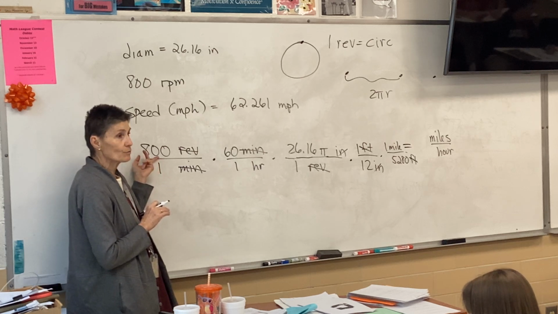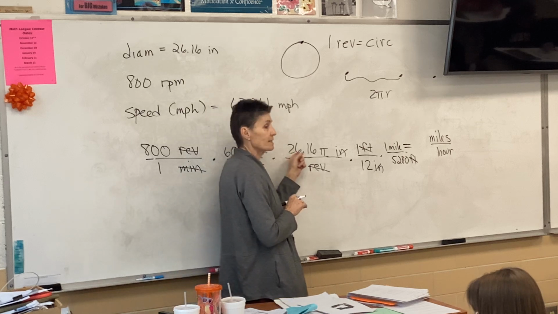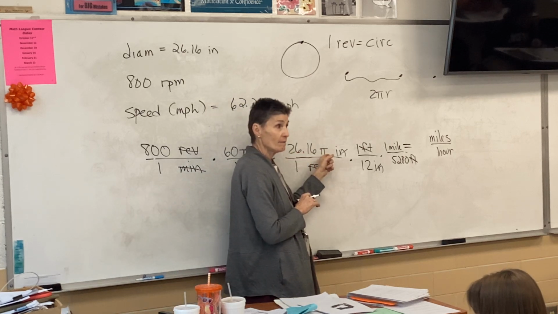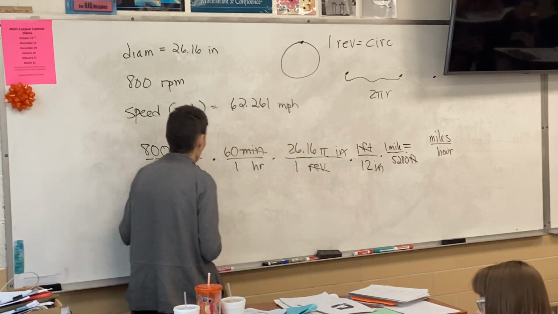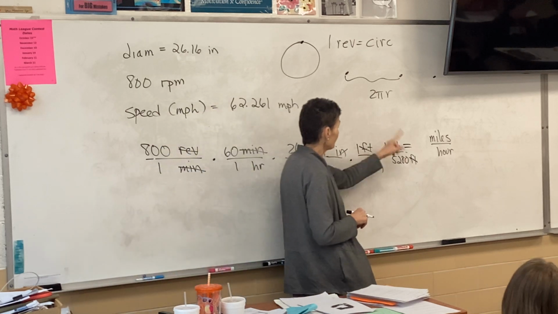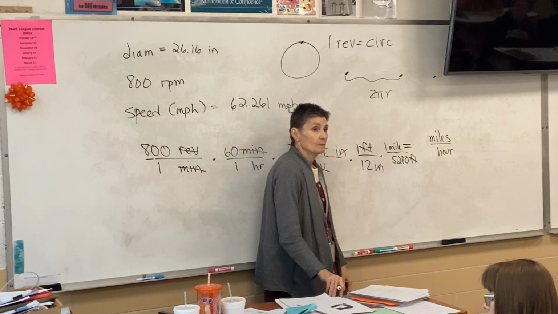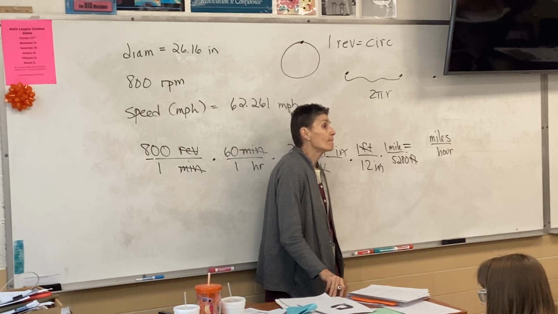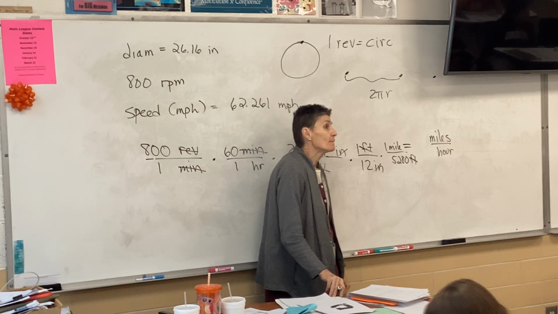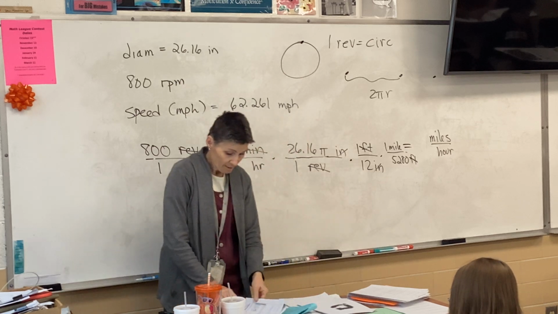So 800 times 60 times 26.16 pi, use your pi button, divided by 12 divided by 5,280. Did we get 62? So then you just plug in all the different diameters.